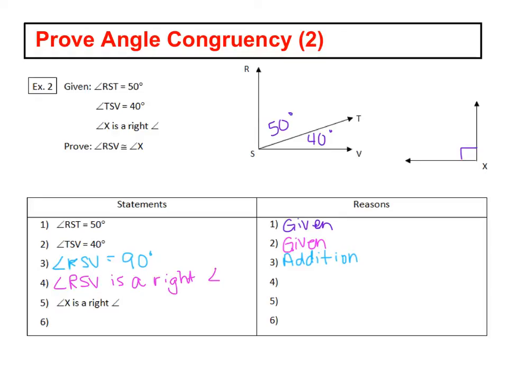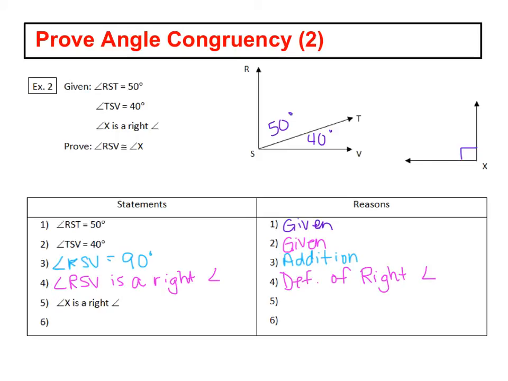And our reason, that's your definition of right angles. Definition of right angles is if you have an angle that's 90 degrees, then it's a right angle. So definition of right angle.